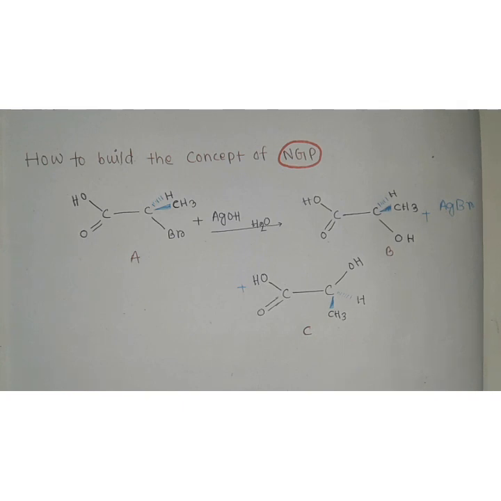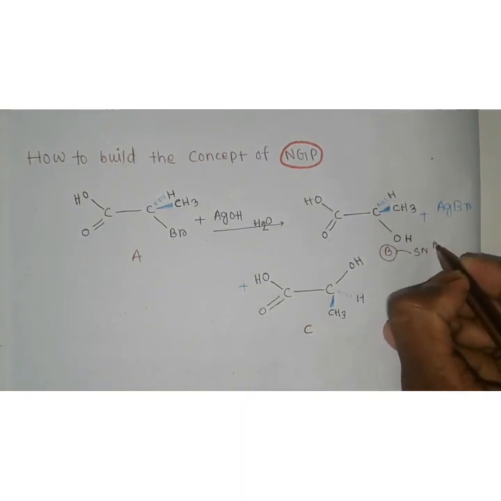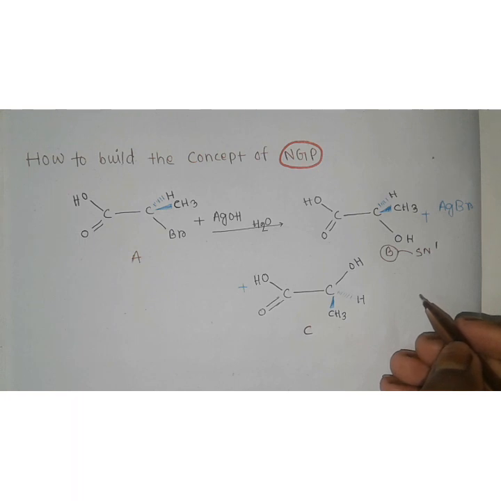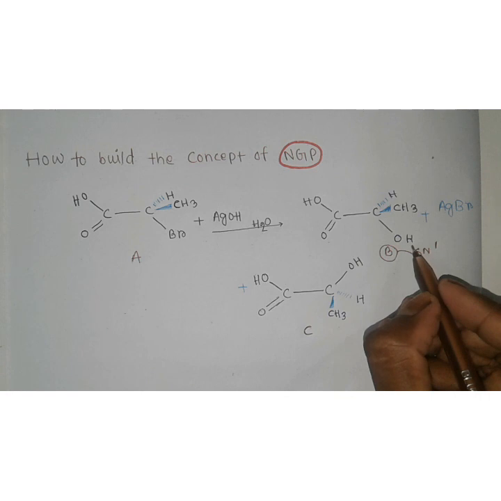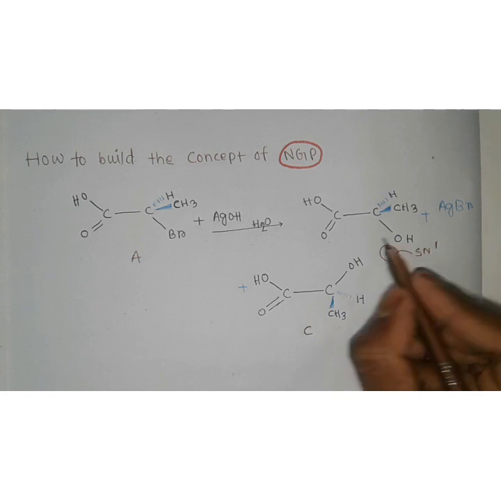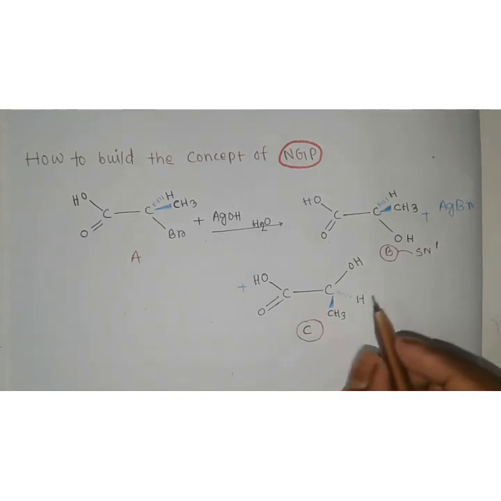If the reaction takes place via the SN1 mechanism, then it would yield B as a substitution product, resulting in retention of configuration, and its enantiomer C, resulting in inversion of configuration.